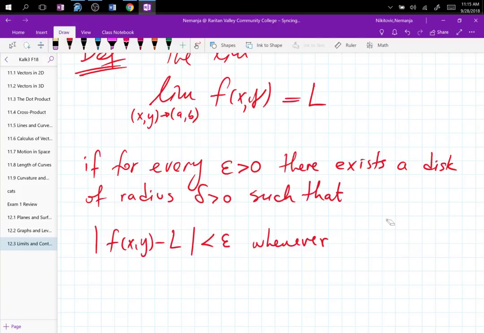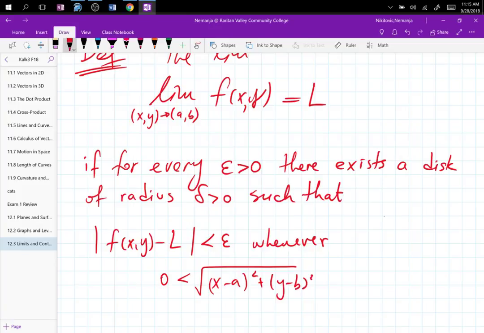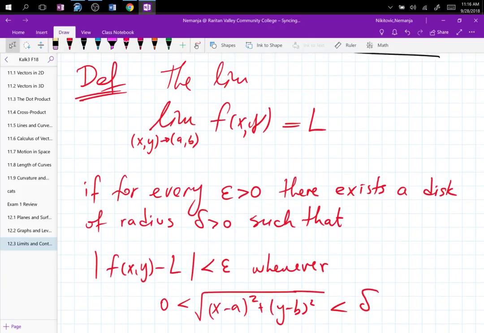It's not going to fit here, so next line, 0 less than, and this is now Euclidean distance, square root of x minus a squared plus y minus b squared, is less than delta. So this is our standard definition of the limit.